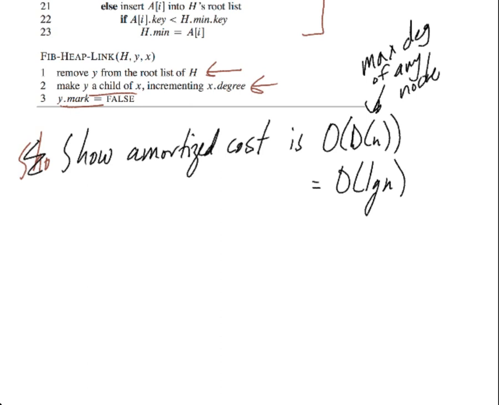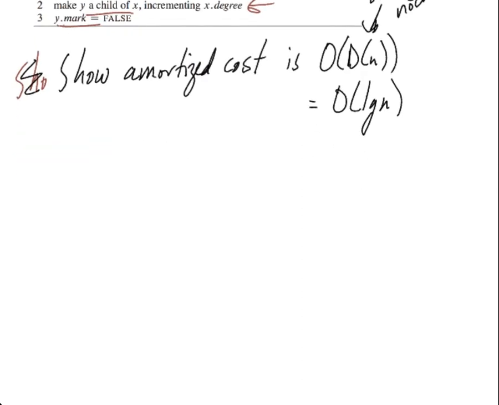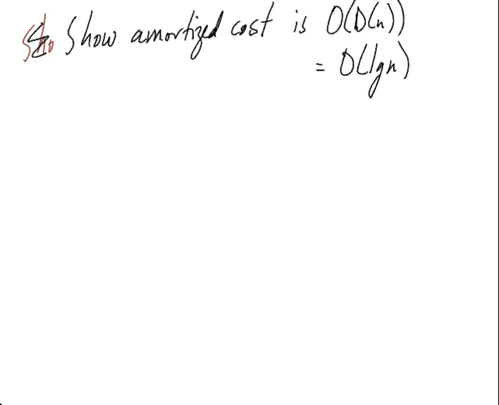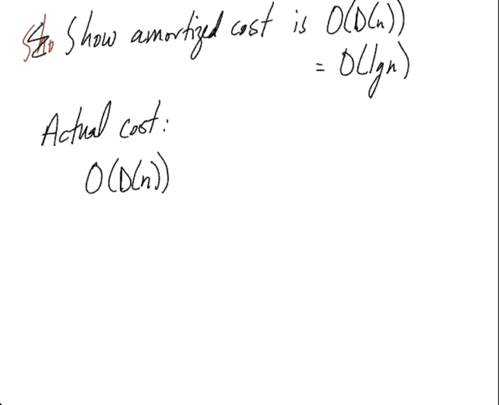Okay, let's look at the actual cost of this operation. Well, we have an order d of n cost where we're moving the min node's children.